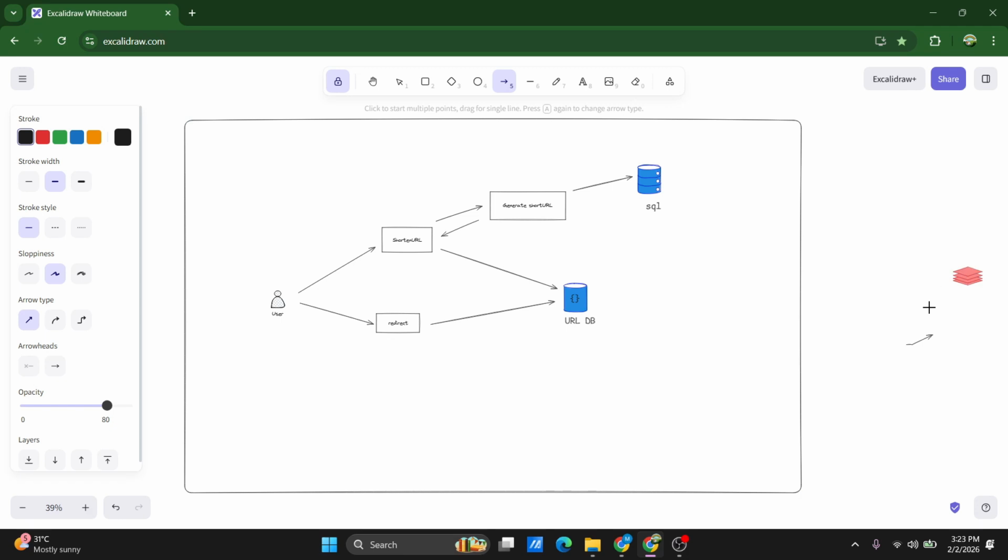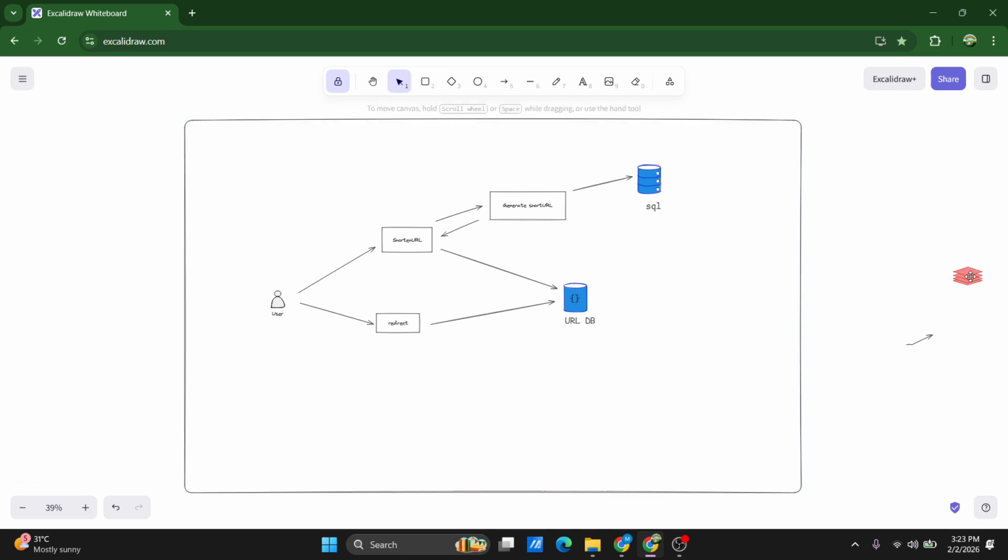Coming to non-functional requirements, low latency. As the read to write ratio is almost 10:1, for every read request, the request goes to the database and the database might crash. So what we will do is we'll use a Redis cache.